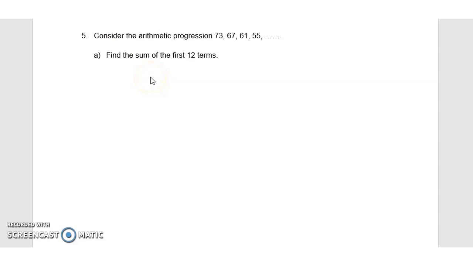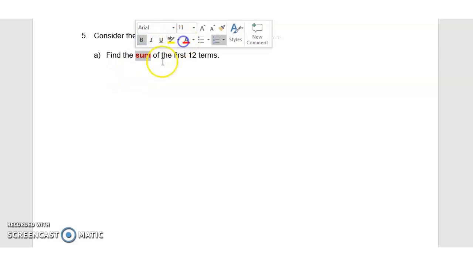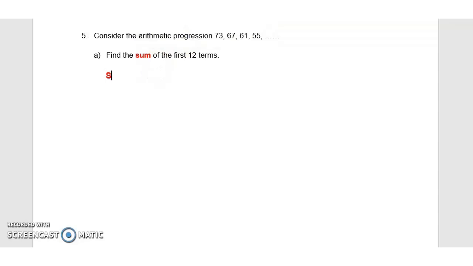Okay, now let's look at number 5. Consider the arithmetic progression 73, 67, 61, 55, and so forth. Find the sum of the first 12 terms. So we want to find S12. If you want to find the sum, make sure we use the formula for the sum.